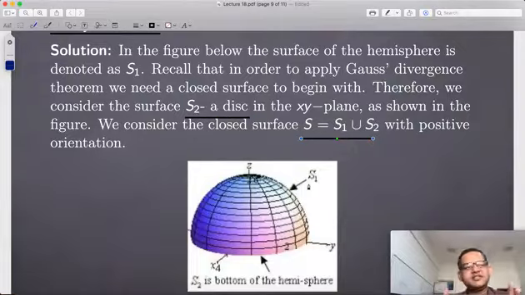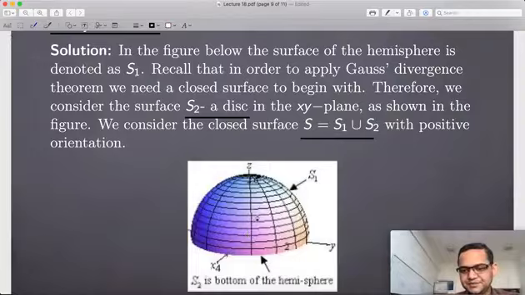This encloses a solid, and then the surface integral over S is related to the triple integral of the divergence of the vector field over the upper half of this ball, the solid one.